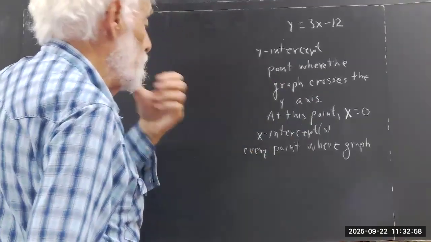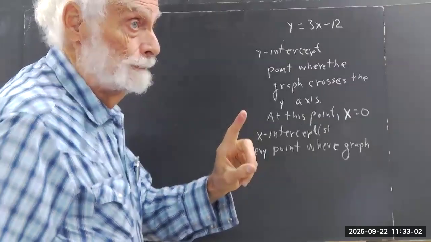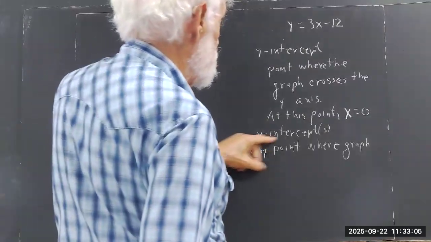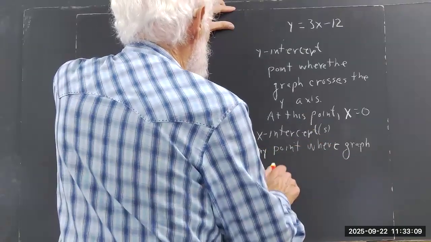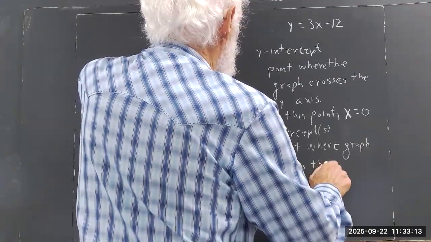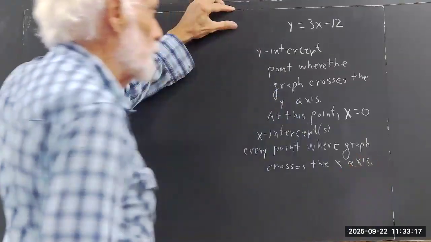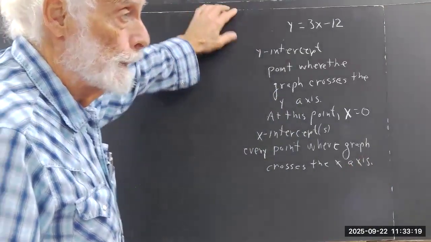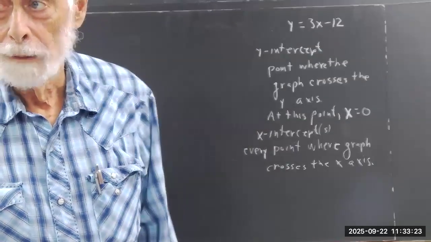Okay, x-intercept. X-intercepts in general, there could be more than one, but for a straight line, there's only going to be one. But x-intercepts in general are every point where the graph crosses the x-axis. Now, for what we call functions, there's only one point where the graph crosses the y-axis. We'll see that.